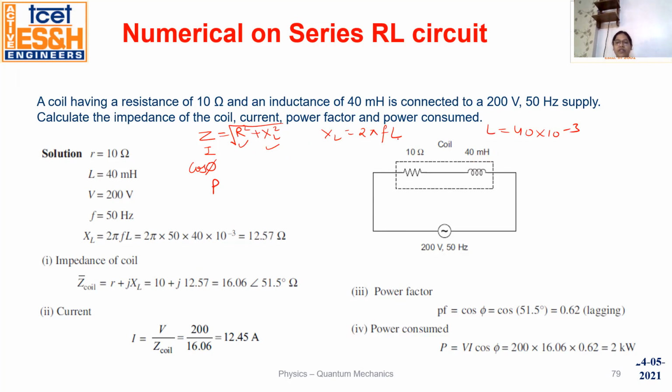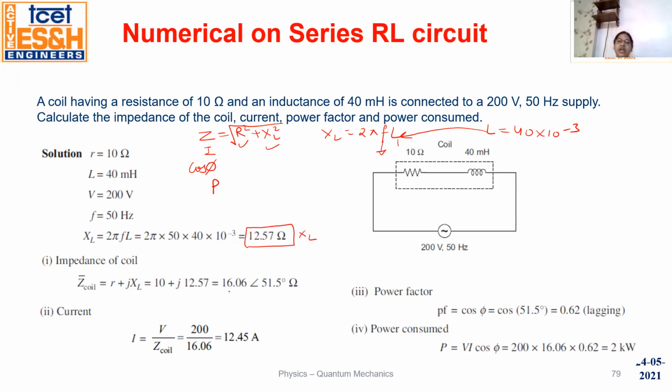After putting the value of L here and F is 50 given, we will get 12.57 as the XL. After getting the XL, you write here in the form of complex impedance 10 plus j 12.57. This is the XL, R plus j XL.